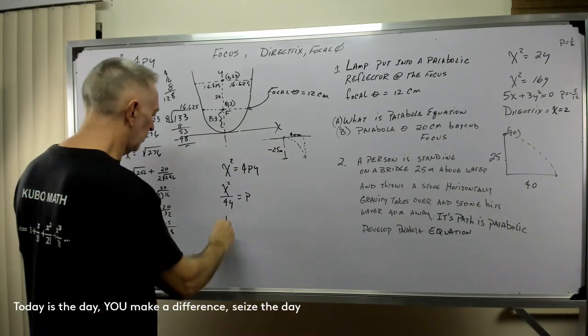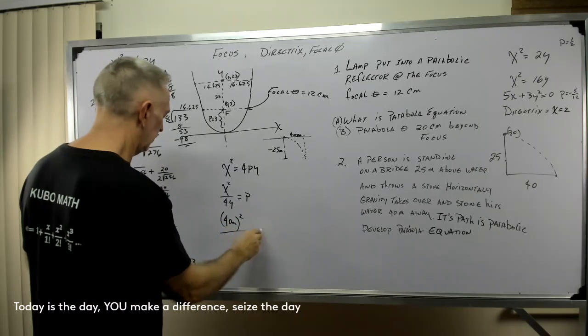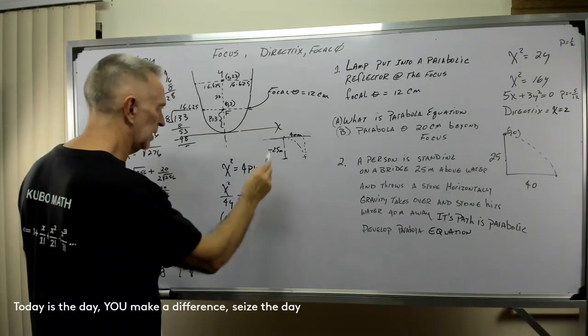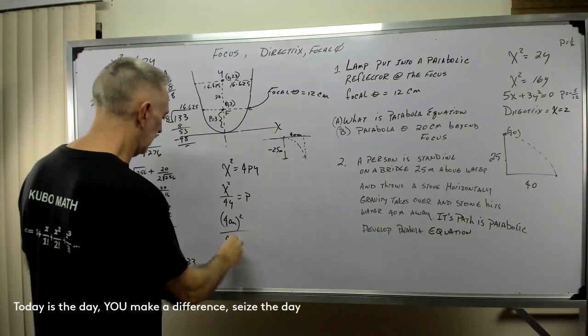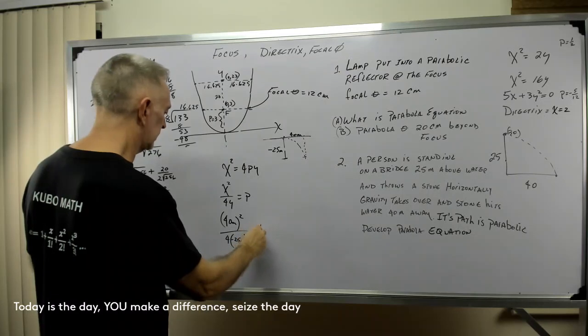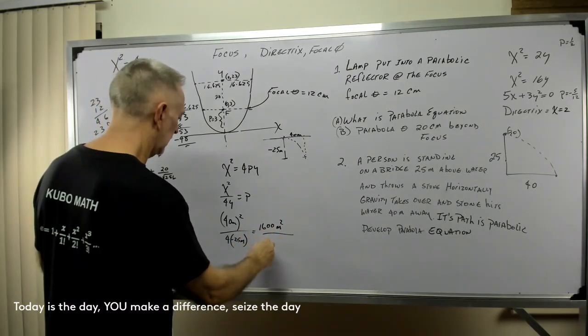So now we have 40 squared, 40 meters squared, divided by 4 times y, a negative 25 meters. So I end up with 1600 meters squared divided by a negative 100 meters.